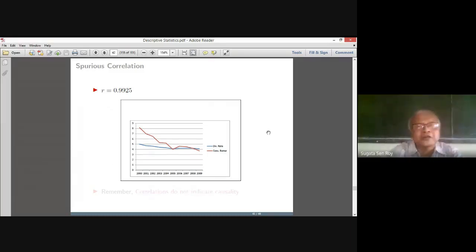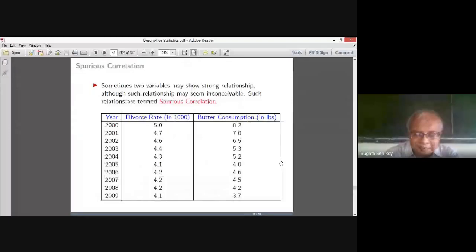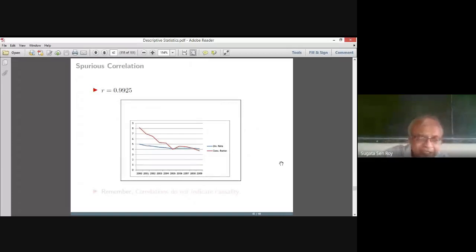You can see from this graph here, I plotted this. So you have these two over the years and you find a very high correlation.